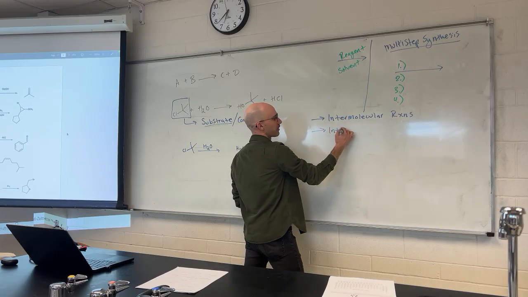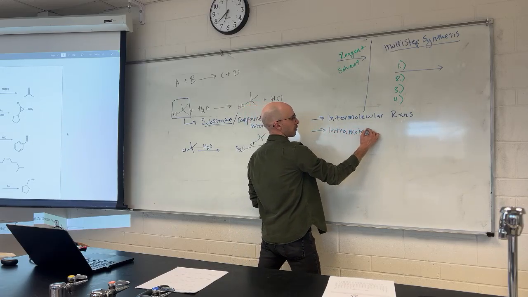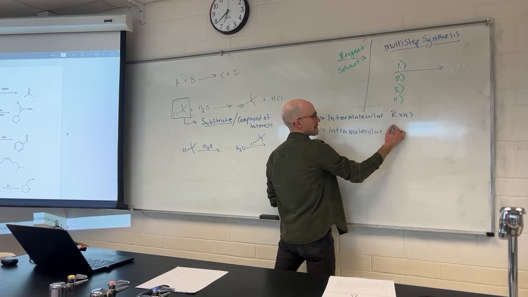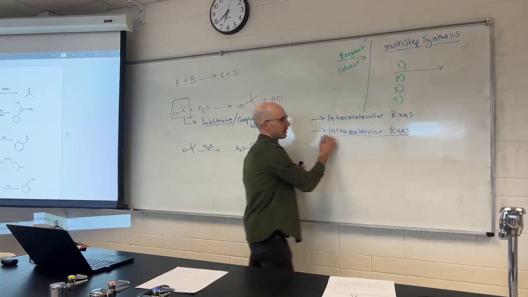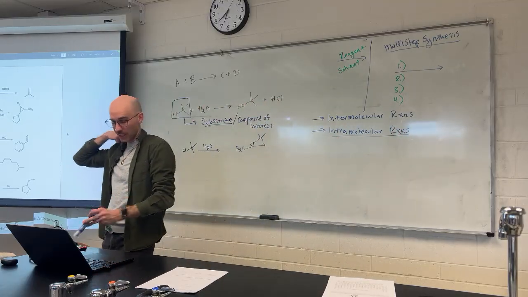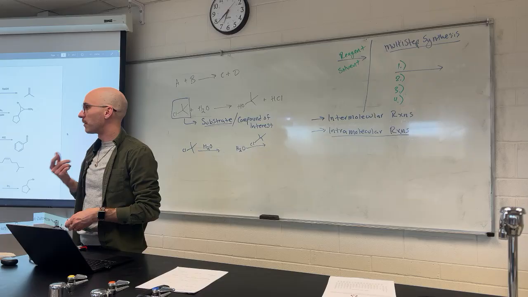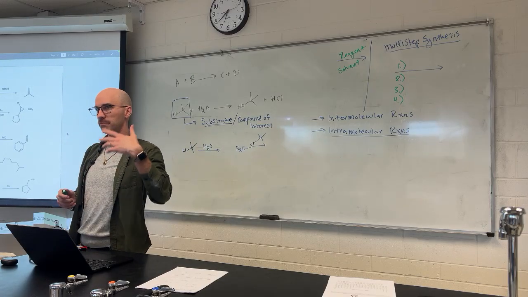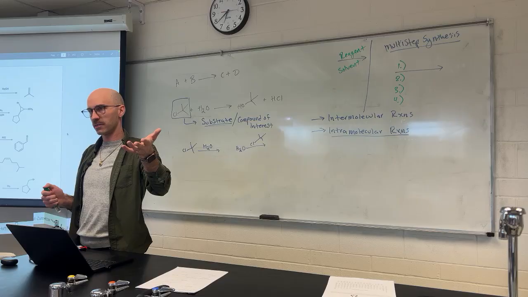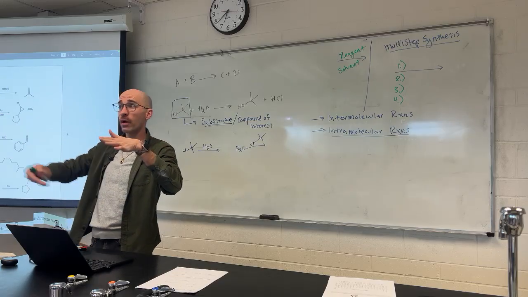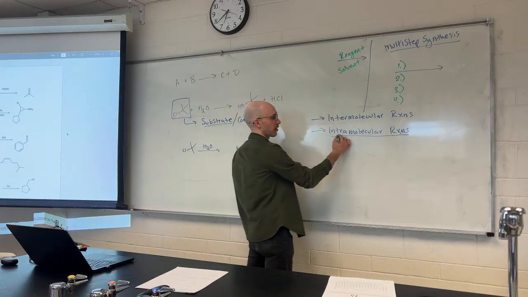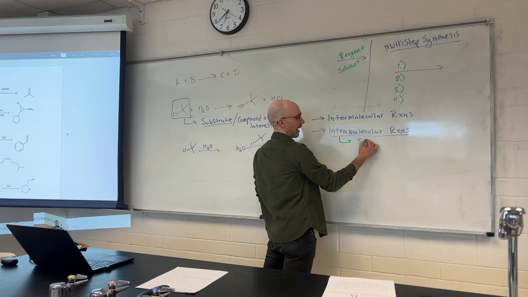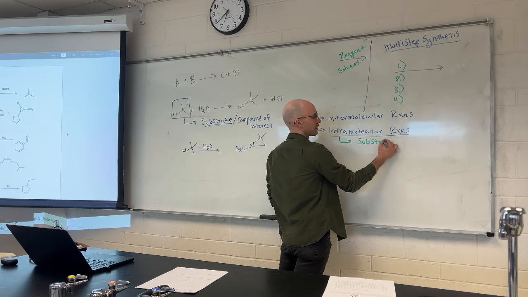But we will also see some intramolecular reactions. And again, we're just drawing lines in the sand. Some of these are a little more complex. They involve 2 or more reagents. But at some point, an intramolecular reaction has the substrate react with itself.